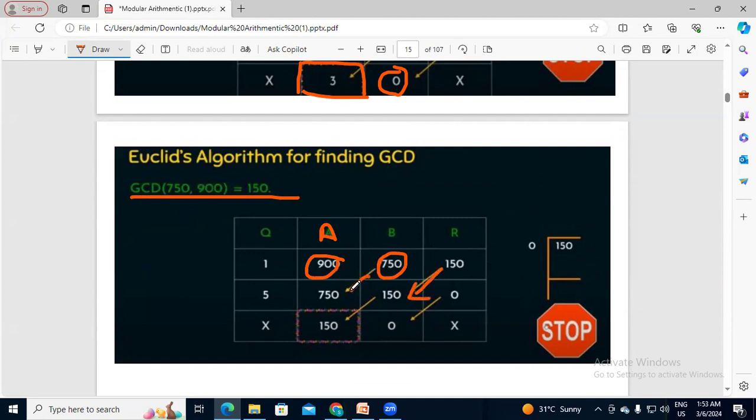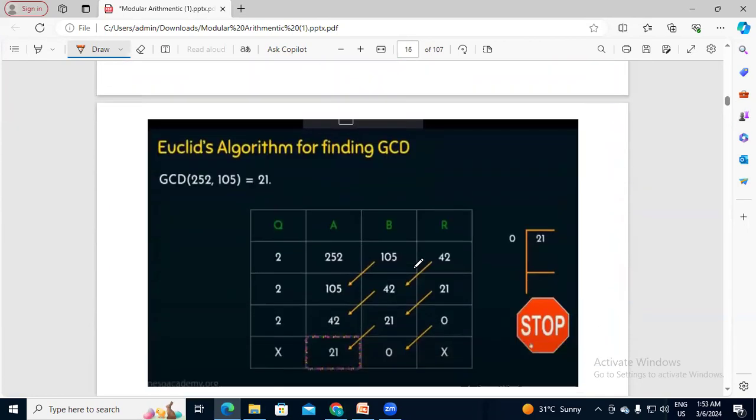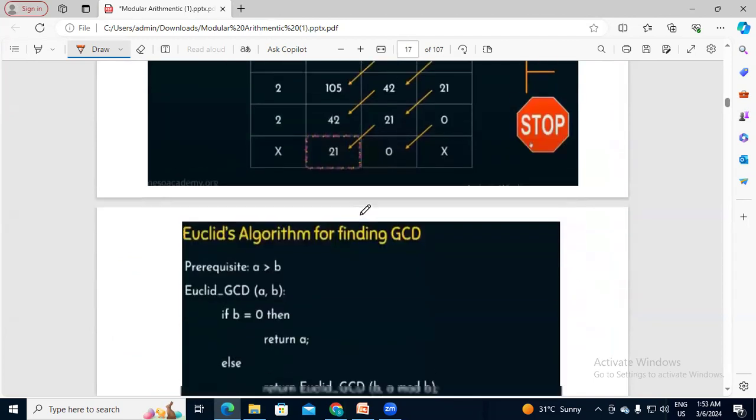Divide and shift until you get 0 in b, and whatever result is in a will be the GCD of the two numbers. In the same way, computing the GCD of 252 and 105, you will get 21. So it's quite an easy method.